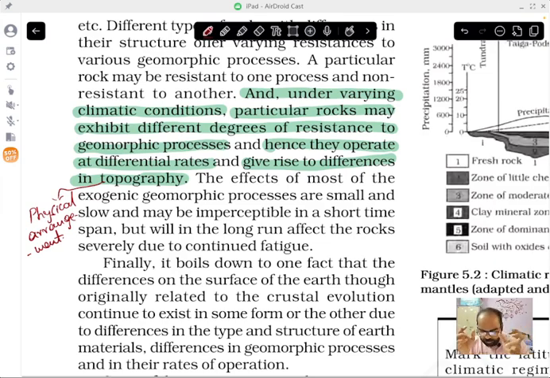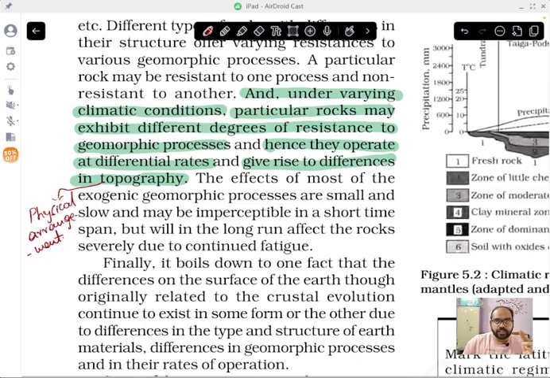So even though climatic conditions differ, for particular types of rocks, the same type of rocks offer different amounts of resistance to exogenic process. So there is a difference in the topography, that is the physical arrangement of those rocks.